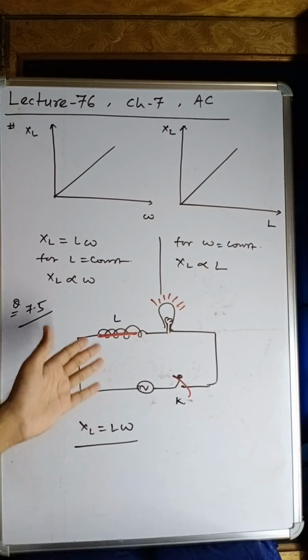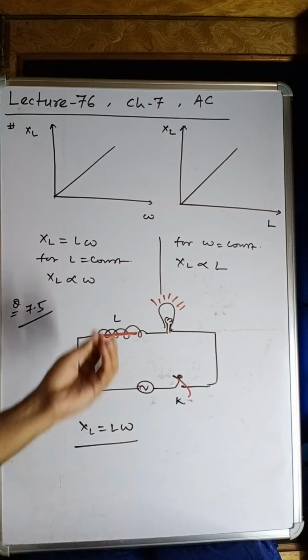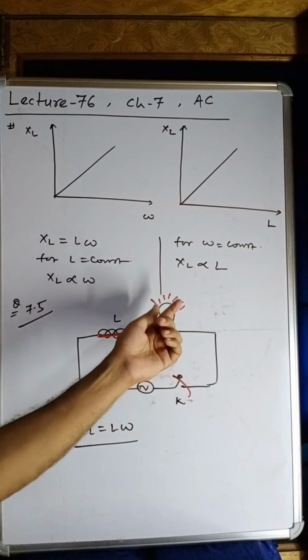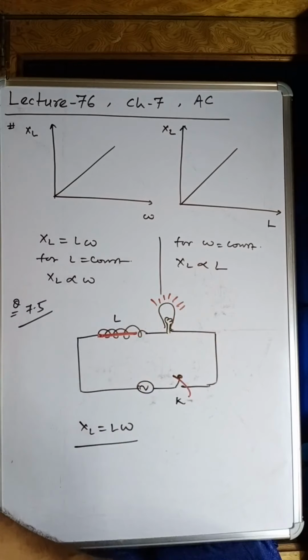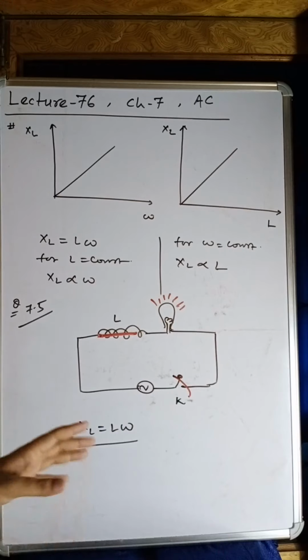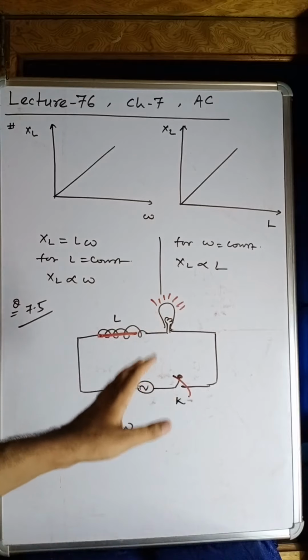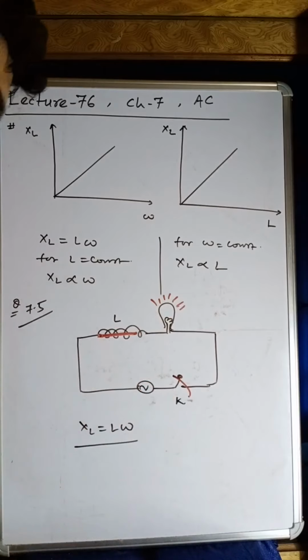We know that the voltage will also increase, and due to increase in the voltage across the inductor, across the bulb, the voltage will drop down. So the brightness of bulb will decrease. This is the answer. The brightness of bulb will decrease. Okay.